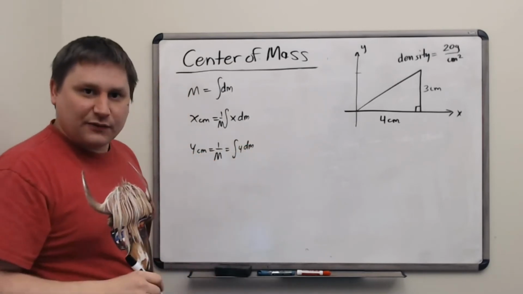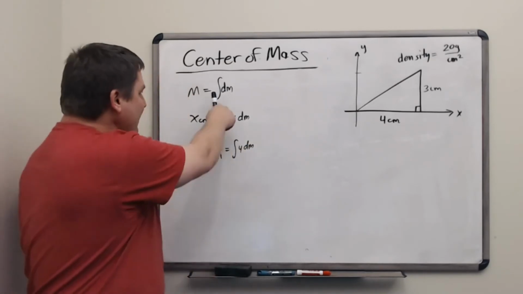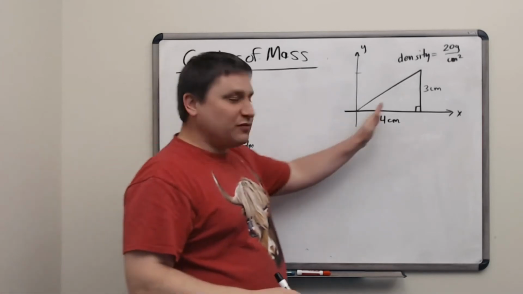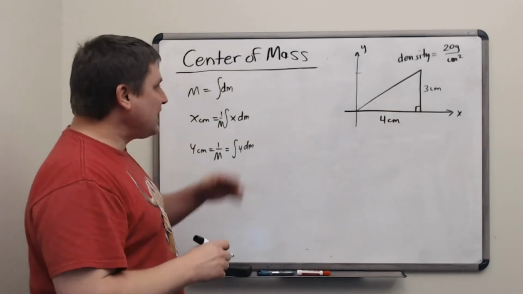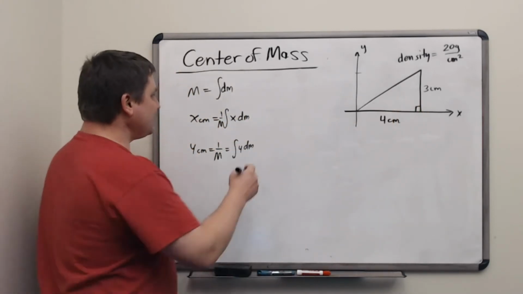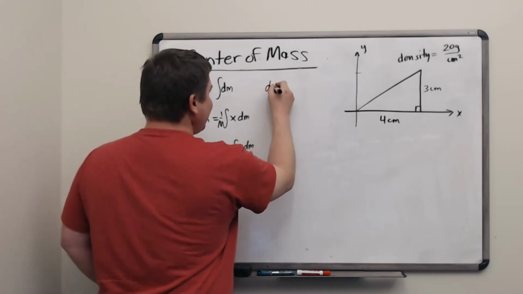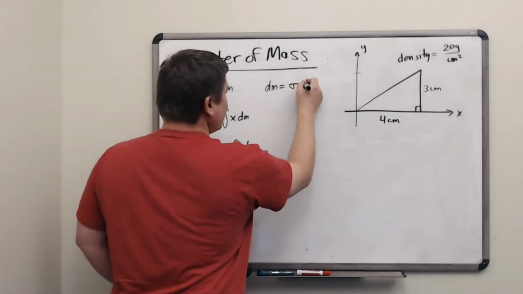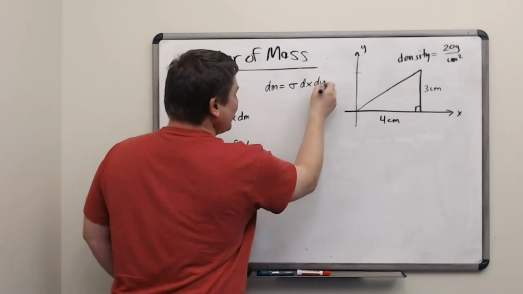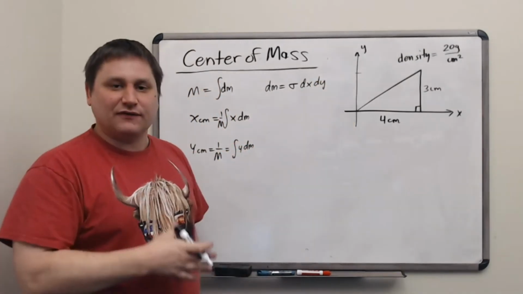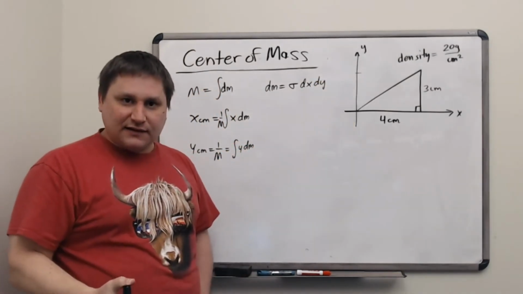Okay, so the first thing we have to work out is how the dm is related to the distribution of mass in this object. This object has a constant mass density, so that's kind of favorable here. And we can express the boundaries of this object in terms of x and y coordinates.